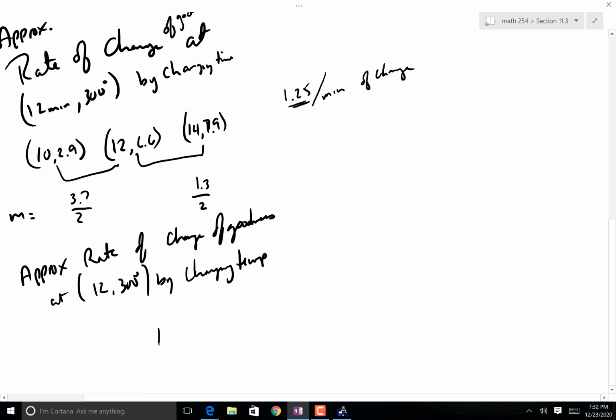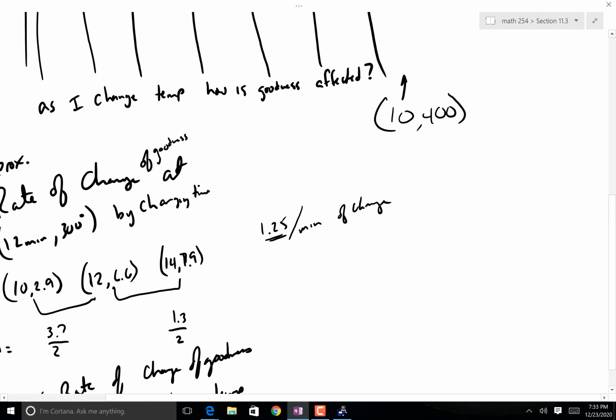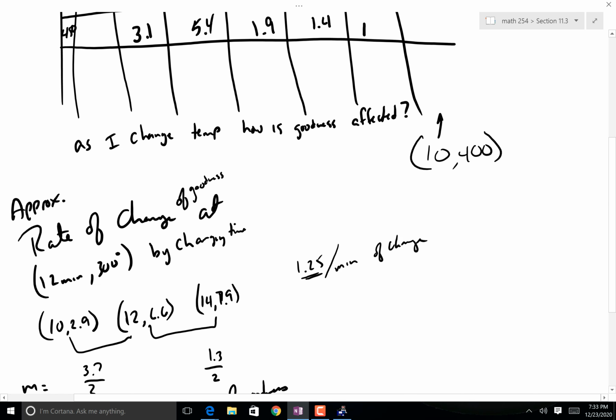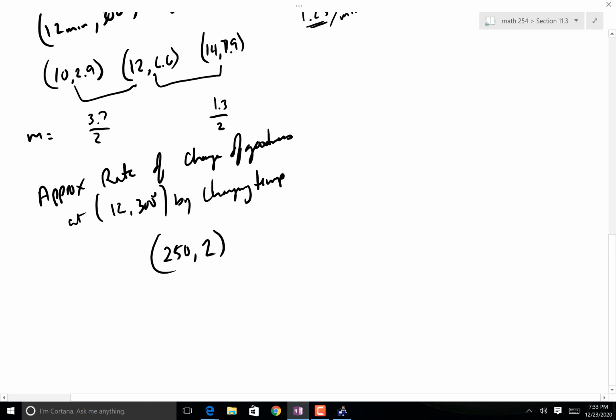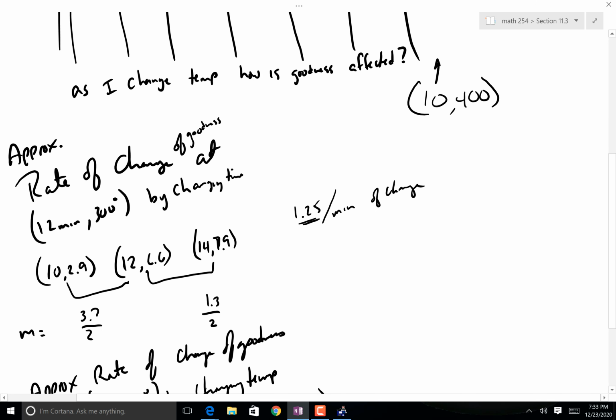So instead of having 10, I'm going to have 250, comma 2. You with me right here? So we're going this direction this time. 250, comma 2. I'm going to have 300, comma 6.6. And I'm going to have 350, comma 10.